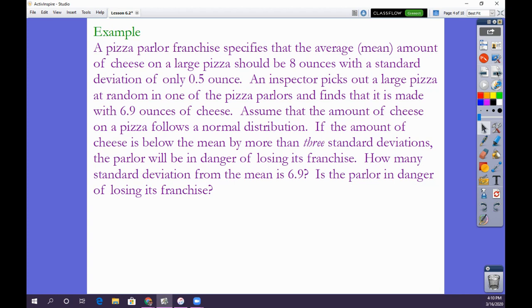If the amount of cheese is below the mean by more than 3 standard deviations, the parlor will be in danger of losing its franchise. That means the z-score can't be more than -3. The z-score tells us how many standard deviations away from the mean it is. So how many standard deviations from the mean is 6.9, and is the parlor in danger of losing its franchise?